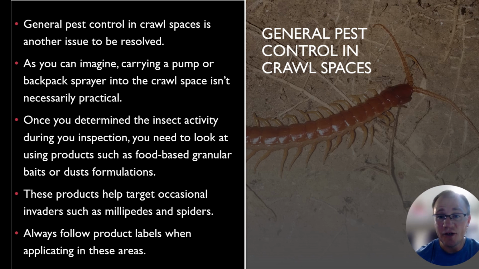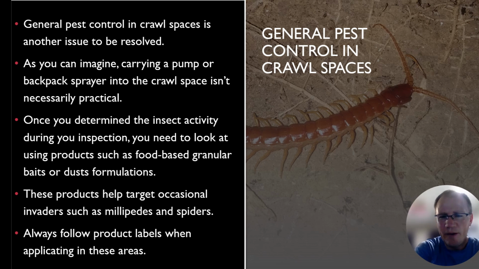As you can imagine, carrying a pump or a backpack sprayer into the crawl space isn't necessarily practical. We talked about that earlier with our BoraCare type of treatments, how you really need a rig-mounted sprayer with a hose or even a portable one you can leave outside. But if you've ever tried to carry a backpack into a crawl space, it's really back-breaking. It's just going to hurt your knees and everything else. It's just really not a practical solution.